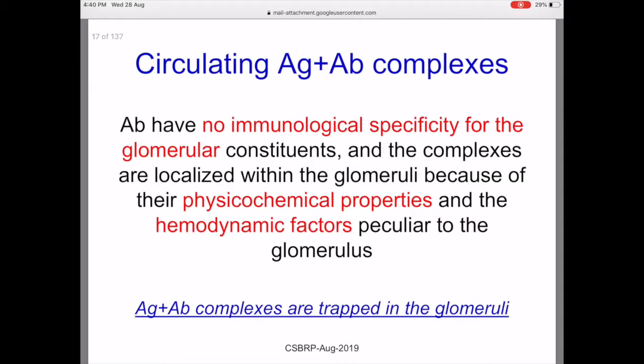Circulating immune complexes have no specificity for the glomerulus, but because of their physicochemical properties like their size, the charge, and hemodynamic factors peculiar to the glomerulus, they get entrapped in the filtration bed.